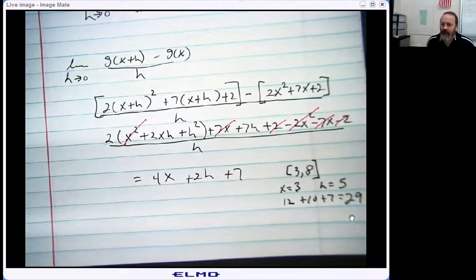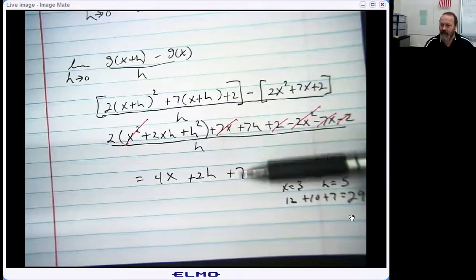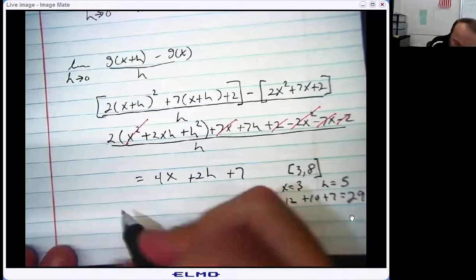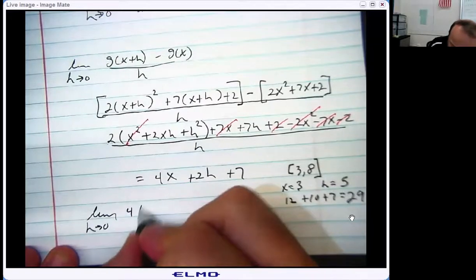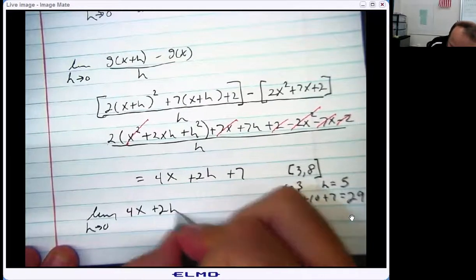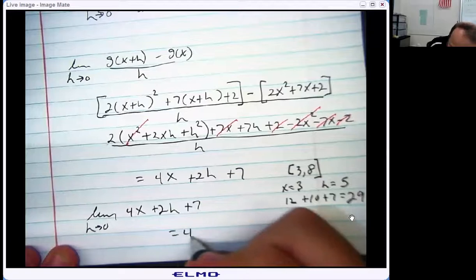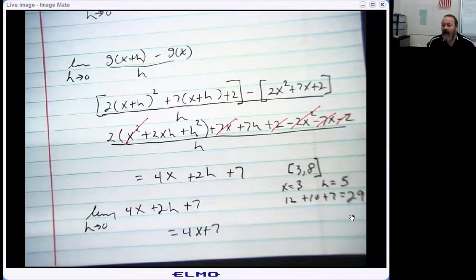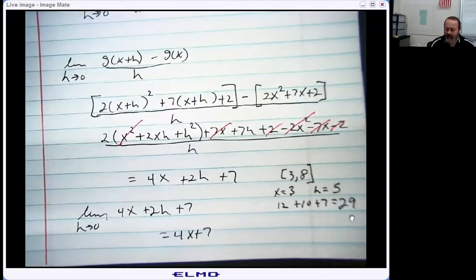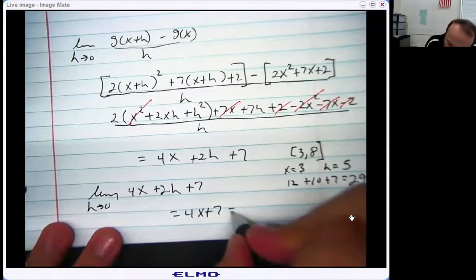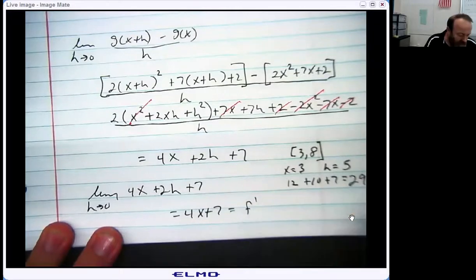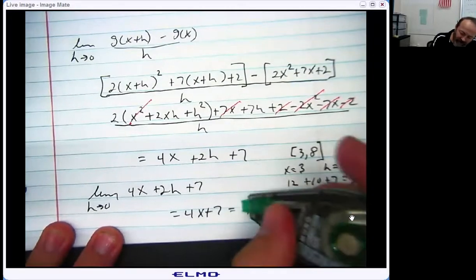But if we take it from the average rate of change to the instantaneous rate of change, and I take the limit as h goes to 0 of this answer, because that really was what I was doing in the first place, I get 4x plus 7, which means I can now find the instantaneous rate of change anywhere on the graph. And I actually call this g, not f, so let me do that.